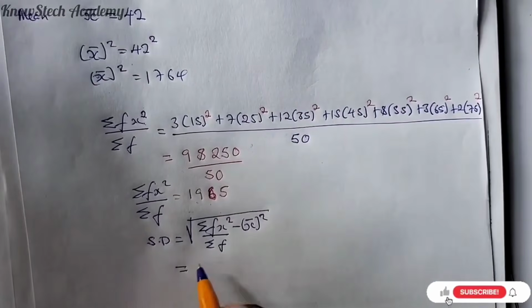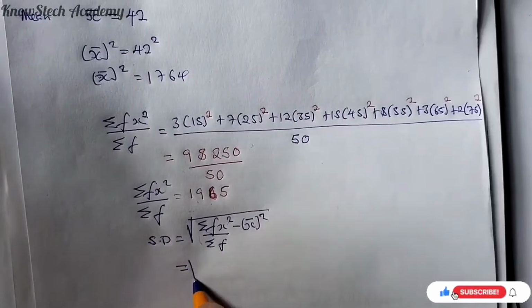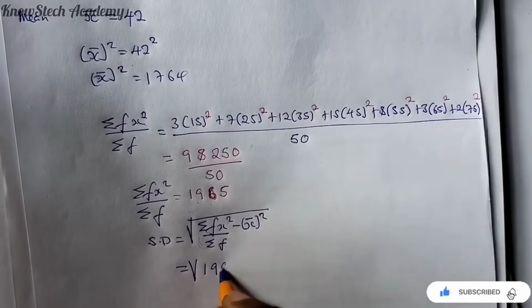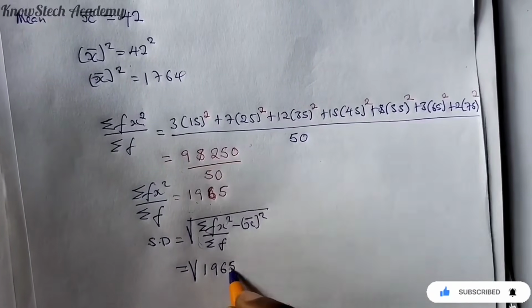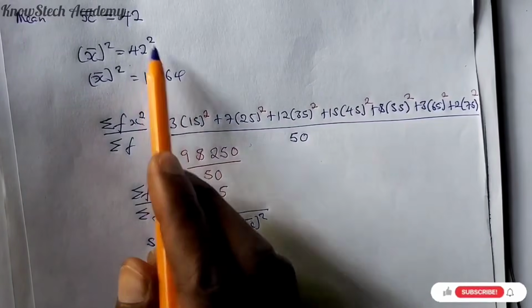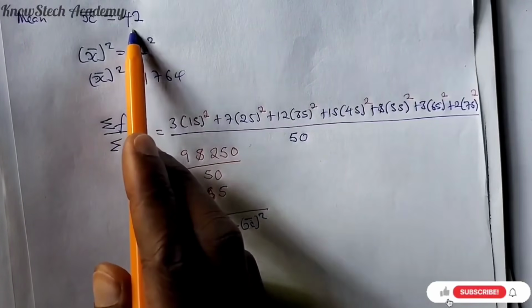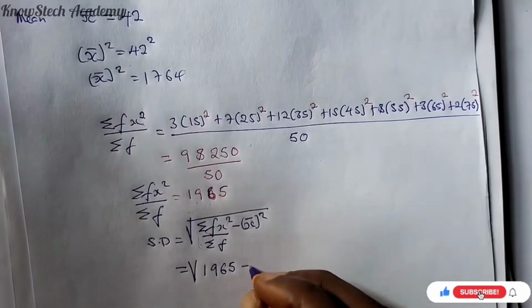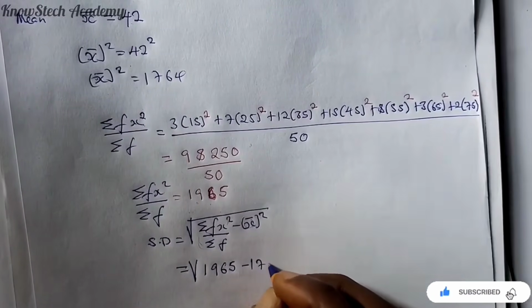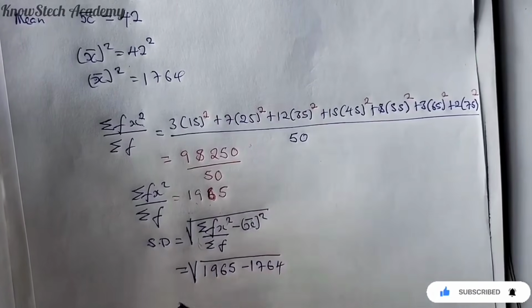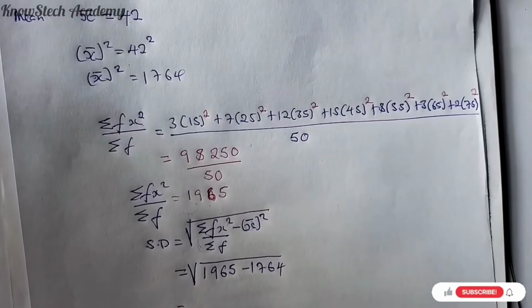Inside the square root, this part is 1,965 minus the mean, which is 42. Then the mean squared is 1,764.